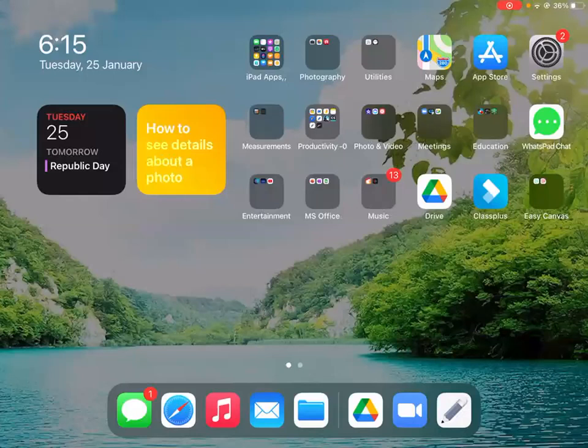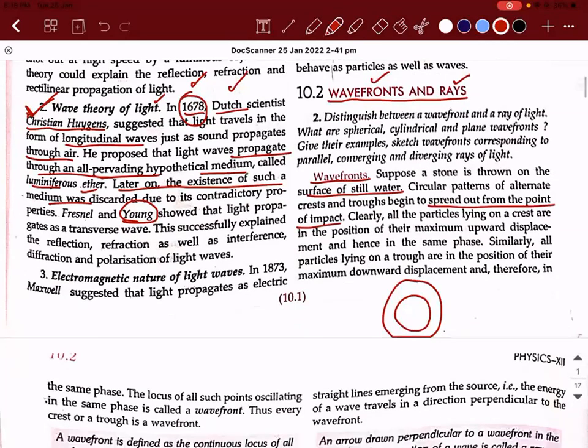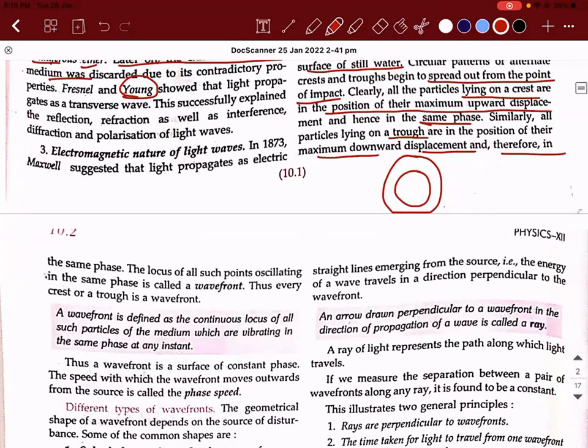So a circular pattern of alternate crests and troughs begins to spread out from the point of impact. Clearly all the particles lying on the crest are in the position of their maximum upward displacement, and similarly all the particles lying on the trough are in the position of their maximum downward displacement, and therefore in the same phase. If you take the locus of all points which are in the same phase, that is what is defined as a wavefront.